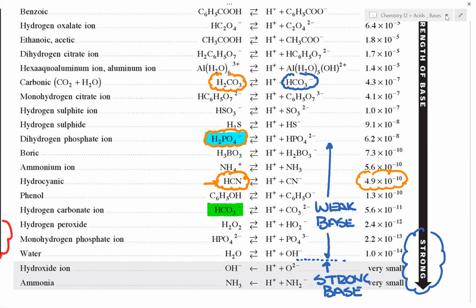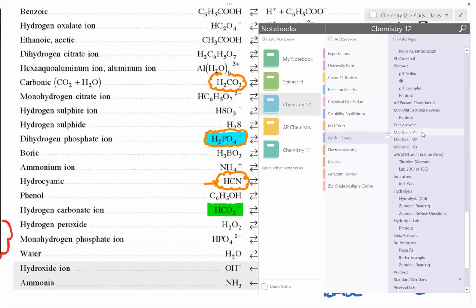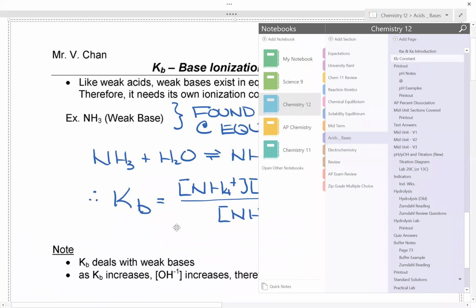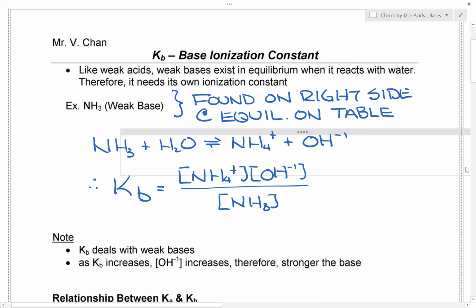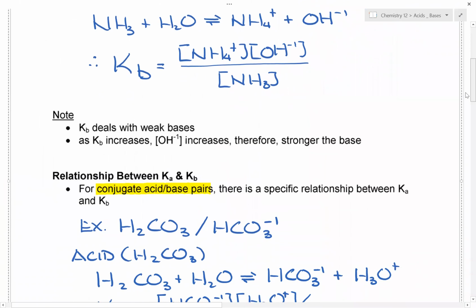It all has to do with a special relationship between Ka and Kb. So if we look at Ka and Kb, here we go. For conjugate acid-base pairs, there's a specific relationship between Ka and Kb.